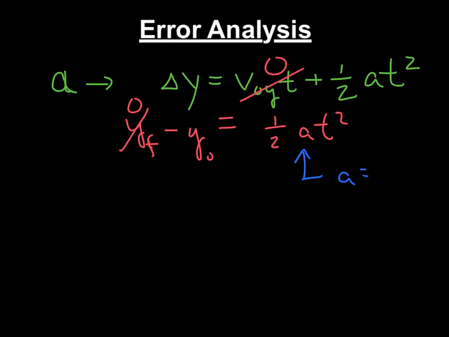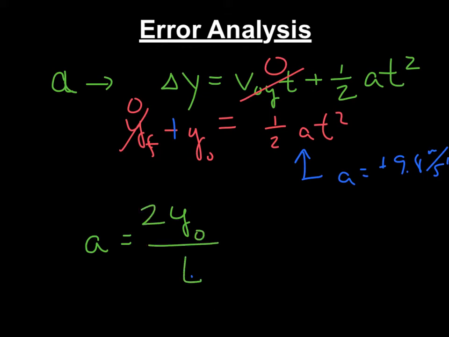So a equals negative 9.8 meters per second squared. Since this negative cancels here, you wind up with your end product being acceleration equals 2y initial over t squared. And this is the magnitude of your acceleration.